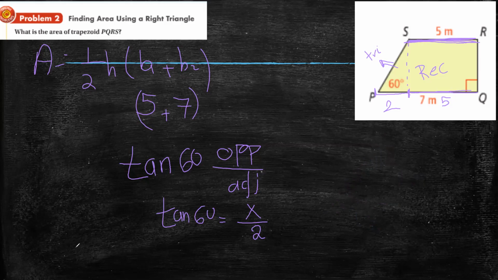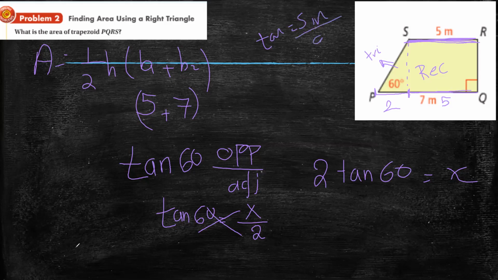Then 2 tan 60 is equal to x. Now, what is the value of tan 60? We know you can find it by calculator, but tan is sine over cosine. The sine of 60 is the square root of 3 over 2.